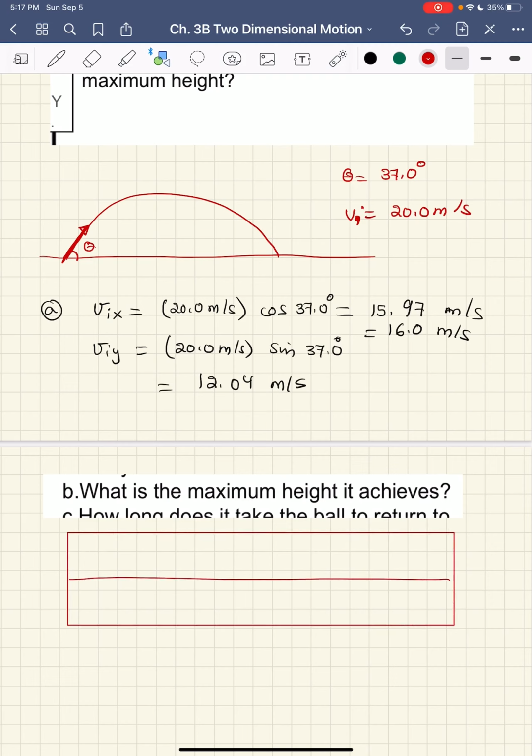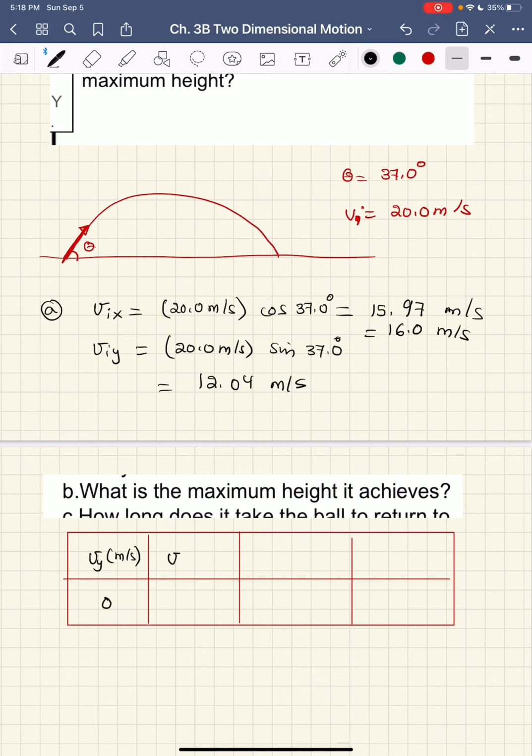Let me list for you the quantities. Remember, each equation has 4 variables. When it says maximum height, then we know that Vy, the velocity at that point, is 0.